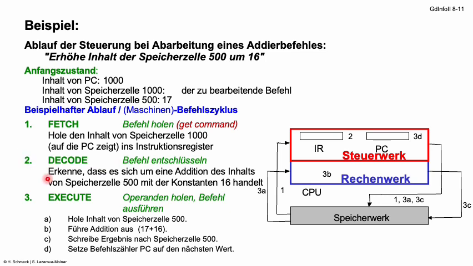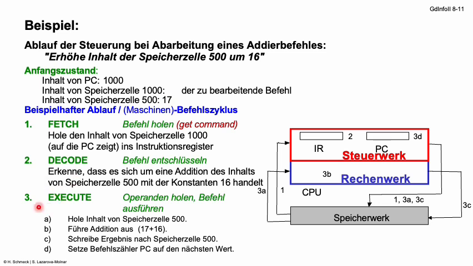We recognize that we are dealing with an addition of the content of memory cell 500 with the constant 16, and memory cell 500 contains the number 17.